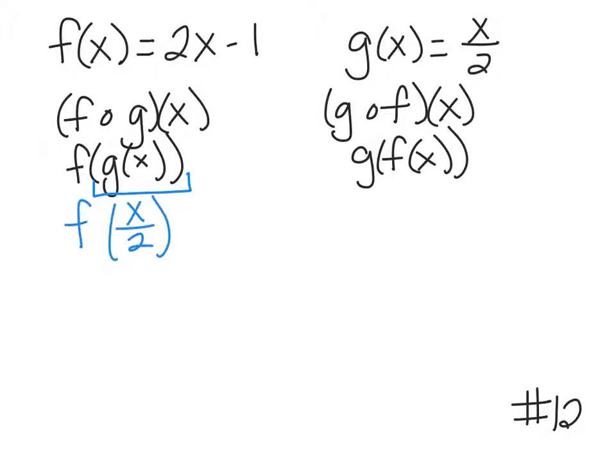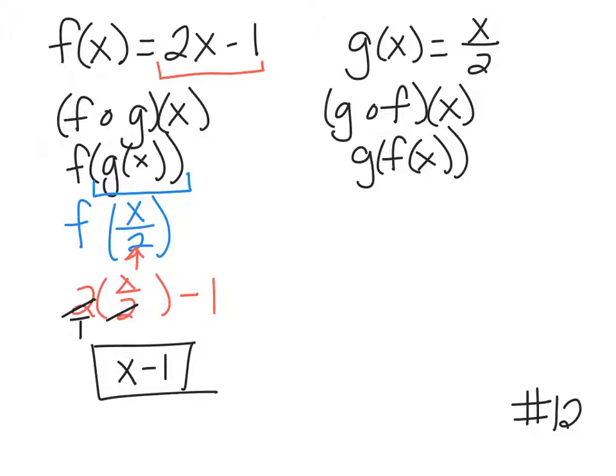Now I'm going to find f of x over 2. So I'm going to go to the function f, and everywhere I see an x, I'm going to put a parentheses, and in that parentheses is going to go this value right here, x over 2. Now we simplify. The 2's will cancel, and I'm left with x minus 1.